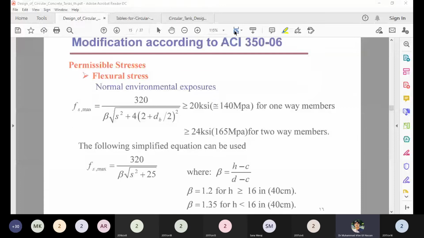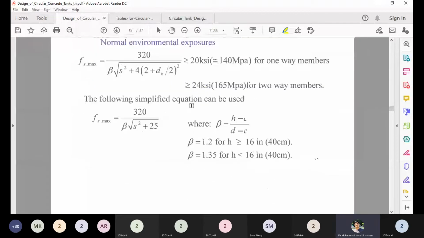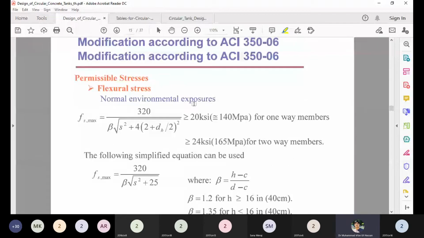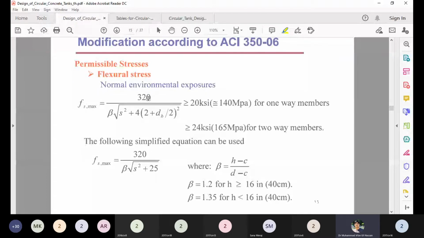Similarly, the allowable flexure stresses, because previously you have not seen the formula for the flexure stresses, then what value should be used for the flexure stresses? So for the flexure stresses, the allowable value is written in the form of an expression comprised of beta, where beta is a fixed value of 1.2 for thickness of the tank larger than 40 centimeter, and it is 1.35 for thickness of the tank less than 40 centimeter.